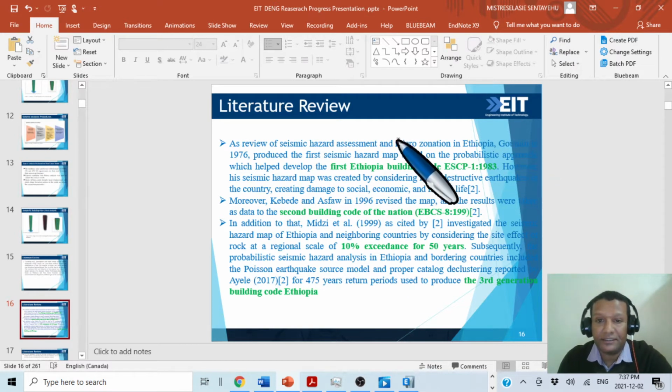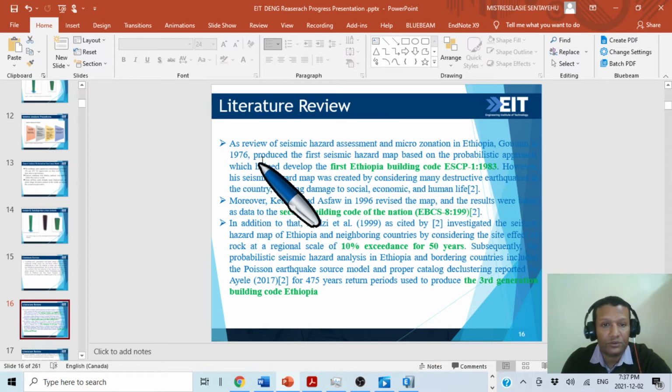As per his seismic hazard assessment, in 1983 the first generation of the Ethiopian code was produced. It's adopted. However, his seismic hazard map was created by considering many destructive earthquakes creating damage to social, economic, and human lives.